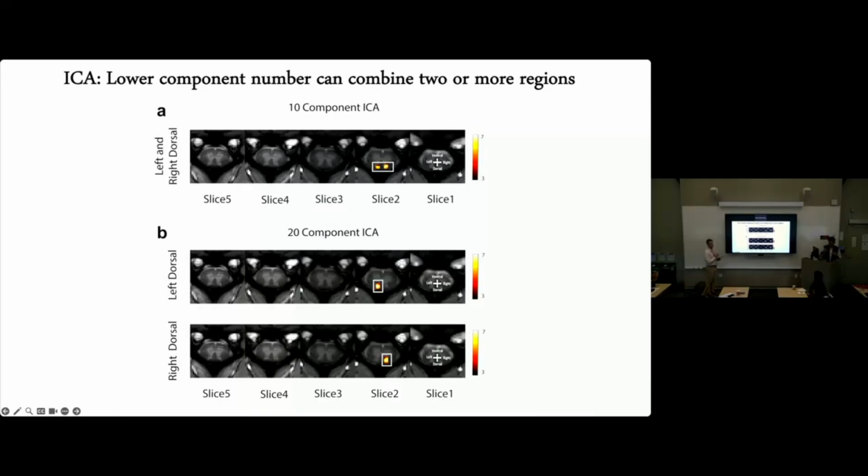People don't look into it, but as Dimitri was also saying, if we change the number of components in ICA, or also in ICAP I believe, we can see dorsal connections bilaterally within the same segment. Whereas if we increase the number of components, those networks get divided into multiple components. So this shows how the ICA component number also influences the network detection models.